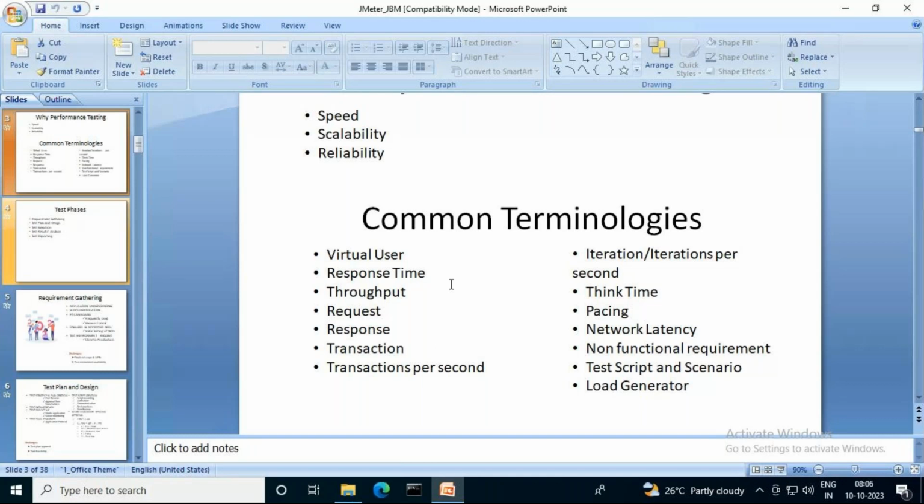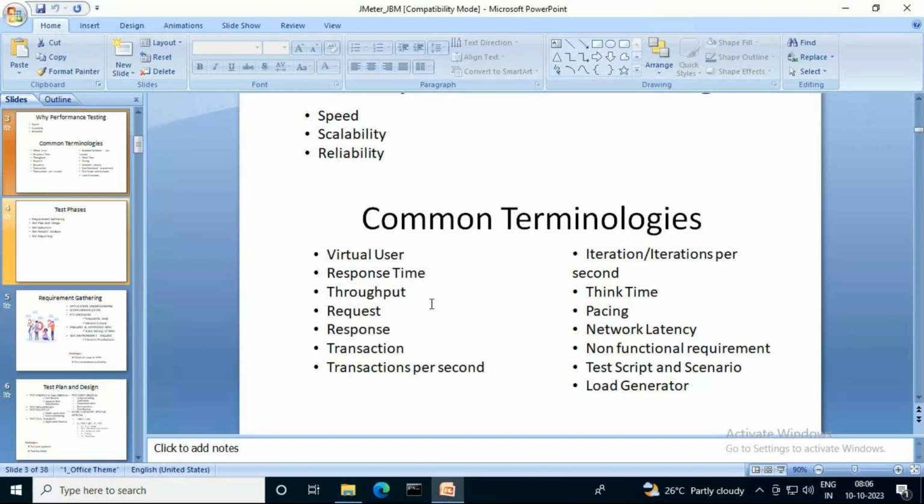That is why you cannot have so many real users doing the test to measure the performance of the application. That is why we have the virtual users. Now these virtual users are going to be generated by the different performance testing tools which we are going to use. Then comes response time.